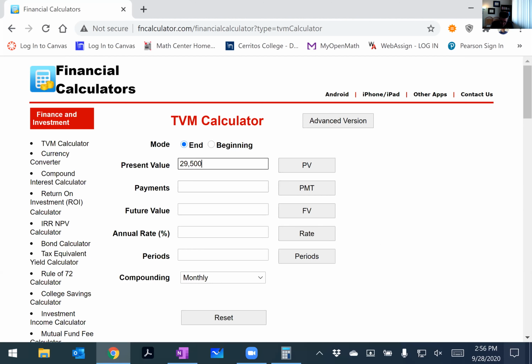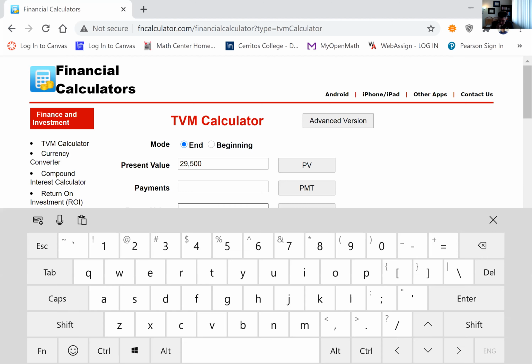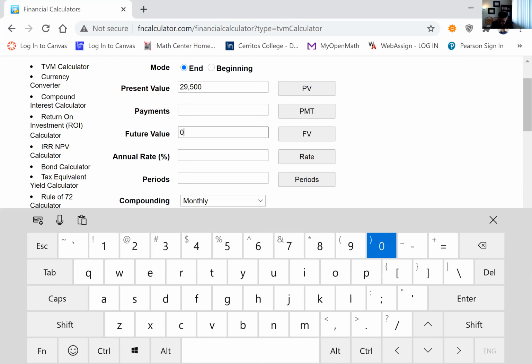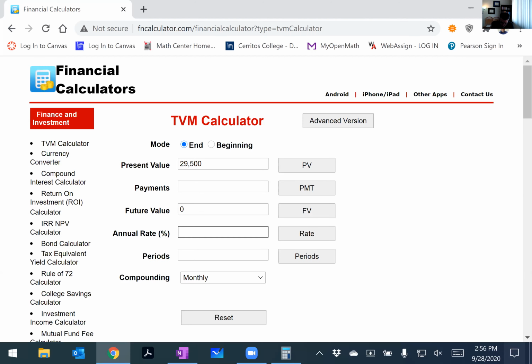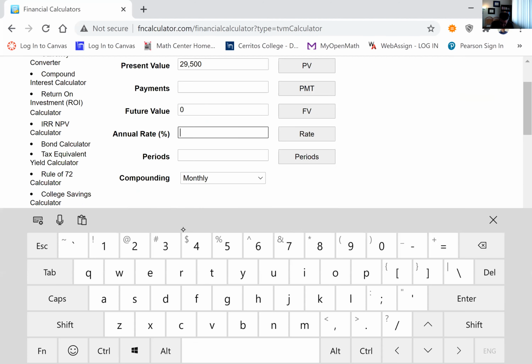The future value I want to be 0. Why is the future value 0? Because I want to pay this thing off. The annual rate is your annual percentage rate. Let's say that we get a loan at 8%, and it says enter it as a percent.